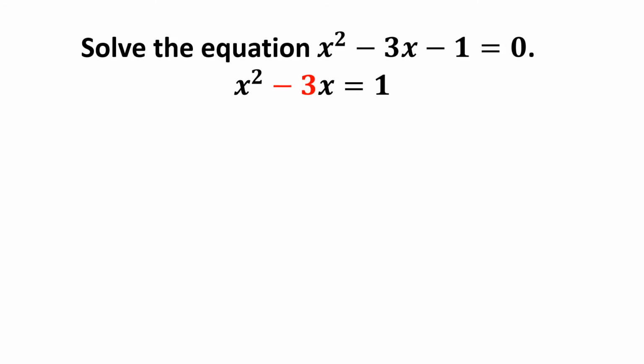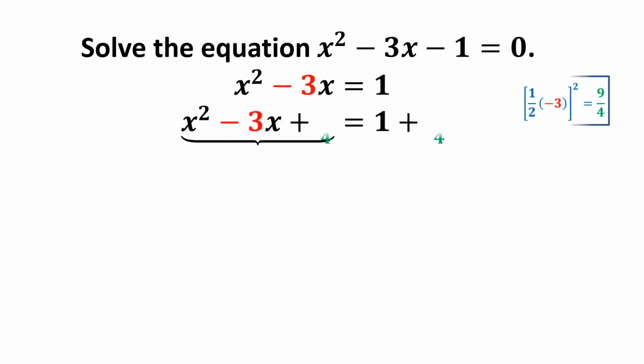First, isolate the constant term 1 so that x squared minus 3x is equal to 1. Try to mentally compute for 1/2 the coefficient of x, which is negative 3, then square it. The result is 9/4. Add 9/4 to both sides of the equation. This expression is a PST.